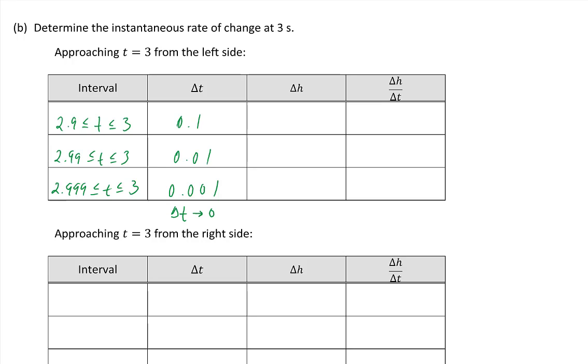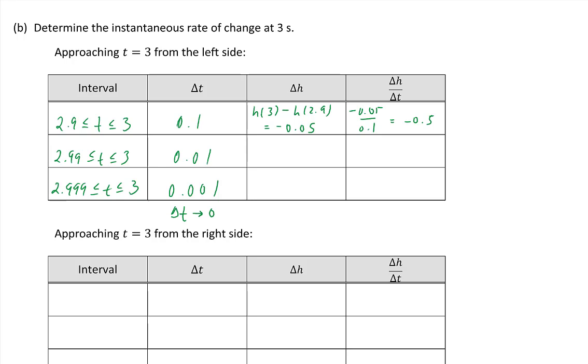Next is your delta h. So remember, we're going to have h of 3 minus h of 2.9. And when I did this, I ended up with negative 0.05. And then if I divide 0.05 over 0.1, I end up with negative 0.5.